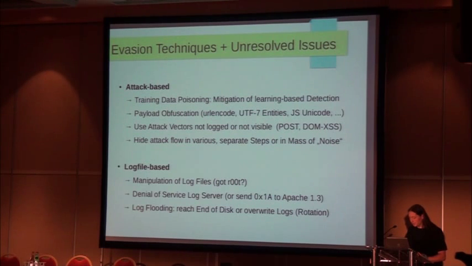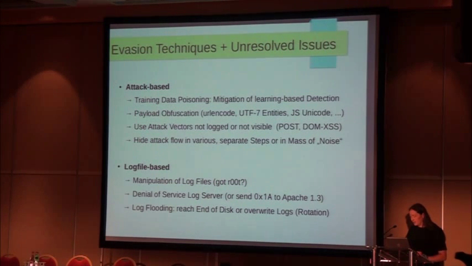So what we did as a countermeasure is that we just learn until we have enough examples and then stop learning. So it's also a performance issue. And we only learn from, let's say, 100 different IP addresses.